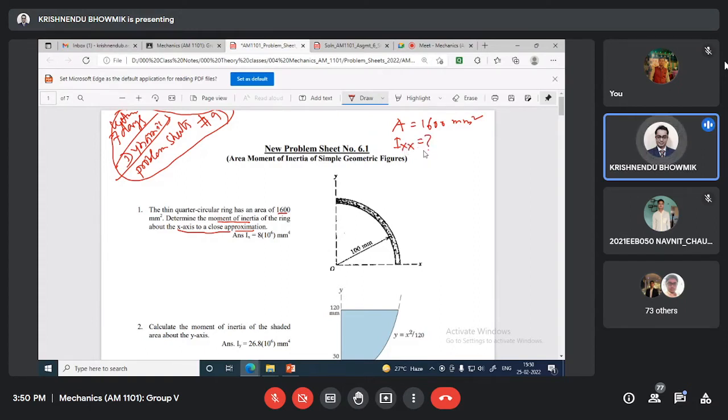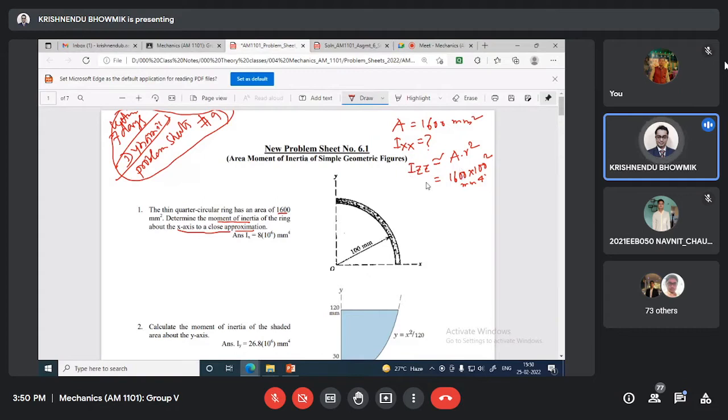Somebody can try this way also: Izz is related to its area multiplied by distance square, then 1600 multiplied by 100 square, millimeter to the power 4.